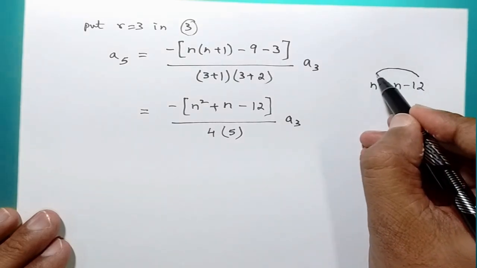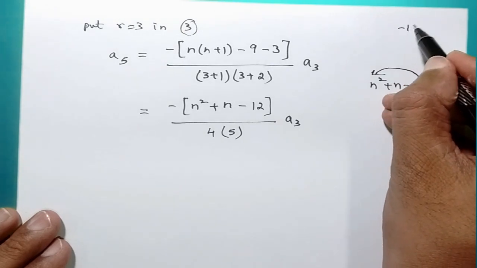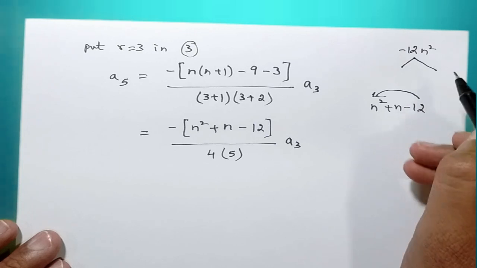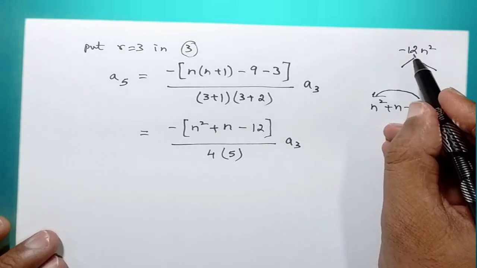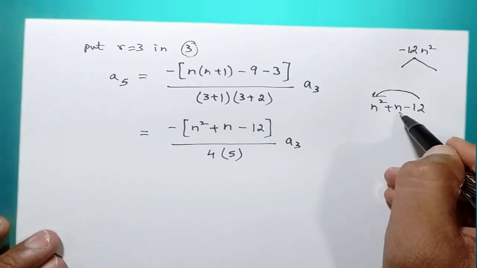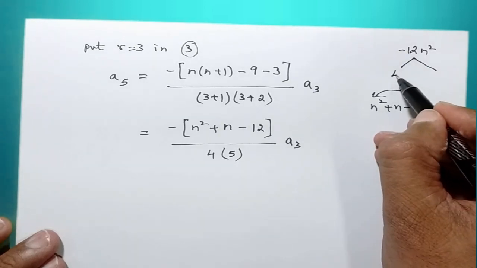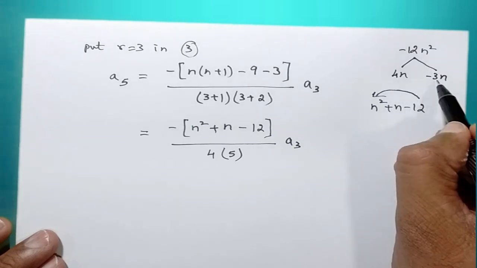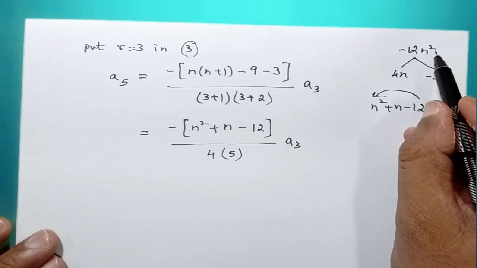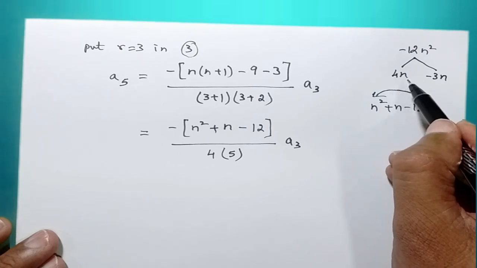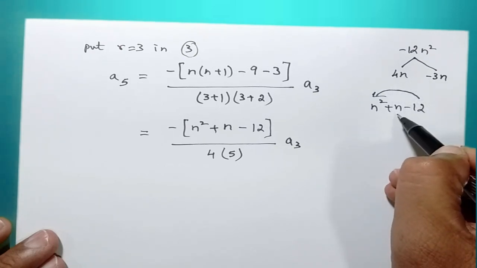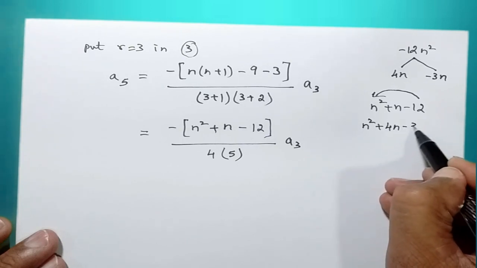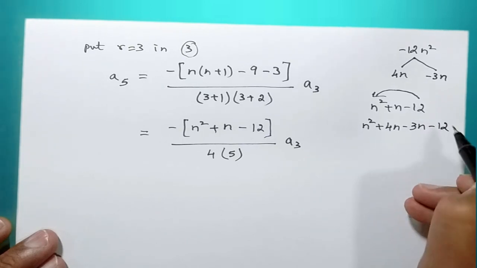So multiply the first and the last term, which will be minus 12 n square. You have to choose two terms such that when you multiply you get minus 12, when you add you get plus n. So can I take that as 4n minus 3n. 4 times minus 3 will be minus 12, and if you add, 4n minus 3n will be plus n. So you can rewrite this as n square plus 4n minus 3n minus 12.